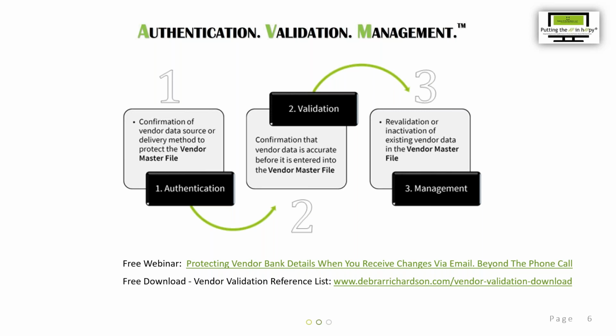It is a vendor validation reference list with resource links, and it identifies not only resources to verify a vendor is real and not on any watch list, but it's also divided based on the type of information being validated and on which vendor document you'll find it, such as the invoice.